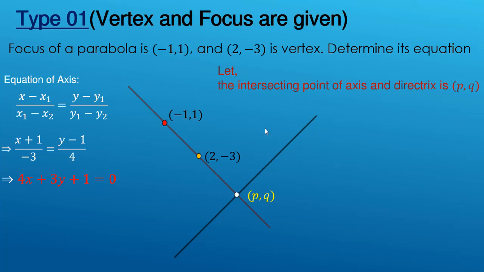That is (x1 plus x2) divided by 2, which is the x coordinate of the midpoint, and (y1 plus y2) divided by 2, which is the y coordinate of the midpoint. So using this formula, we can say (p minus 1) divided by 2 is equal to the x coordinate of the midpoint, which is 2, and (q plus 1) divided by 2 is equal to the y coordinate of the midpoint. Now using this, we can find out the values of p and q. So now we know the coordinate of the intersecting point.